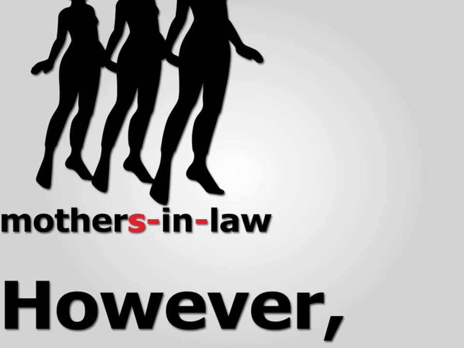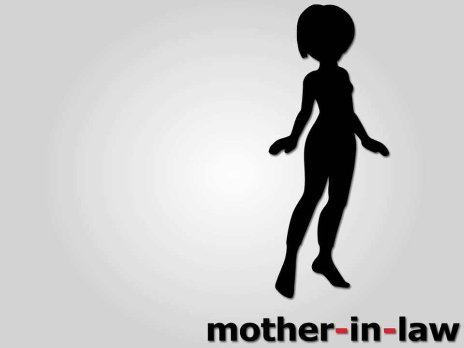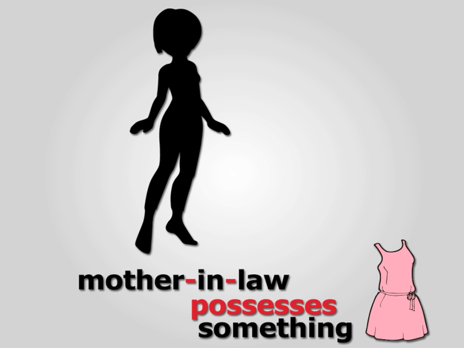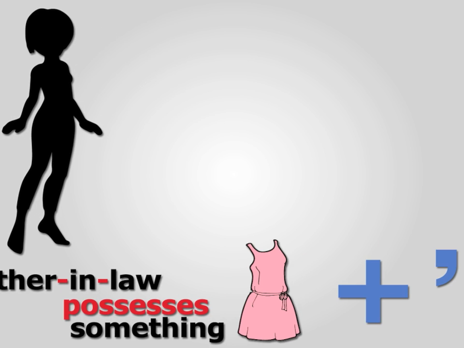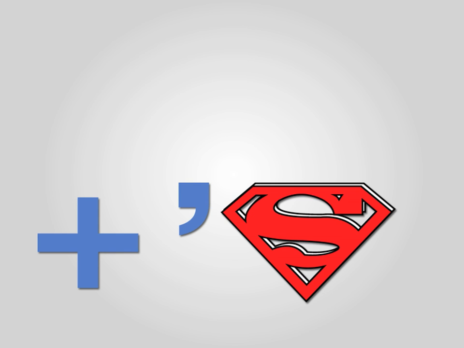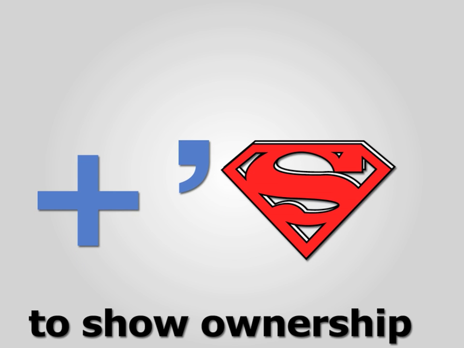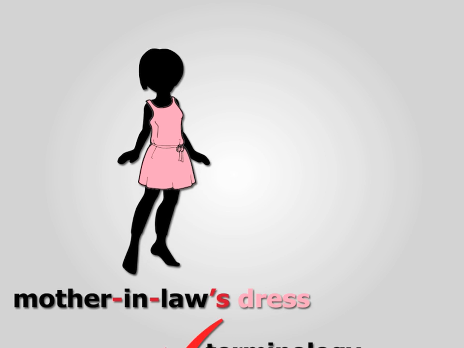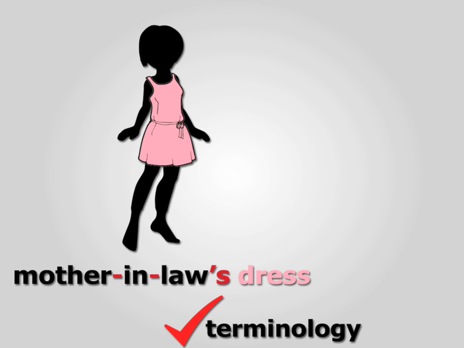However, if we only have one mother-in-law, and she possesses something, such as a dress, then we would simply add an apostrophe and an S to the end of the hyphenated words to show ownership, just like any other noun. So, the mother-in-law's dress would be the correct terminology, as shown.